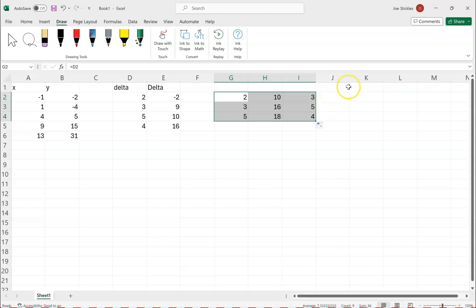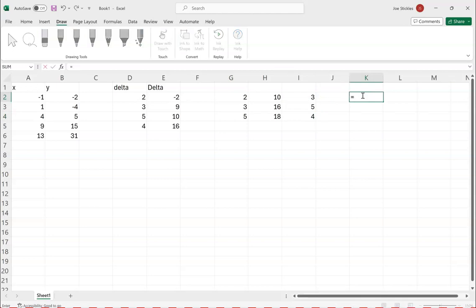Finally here, I'm going to put my constants in. My constants were 3 times the ratio, right? Capital delta 2 divided by little delta 2 minus capital delta 1 divided by little delta 1. That was how we got our first constant.